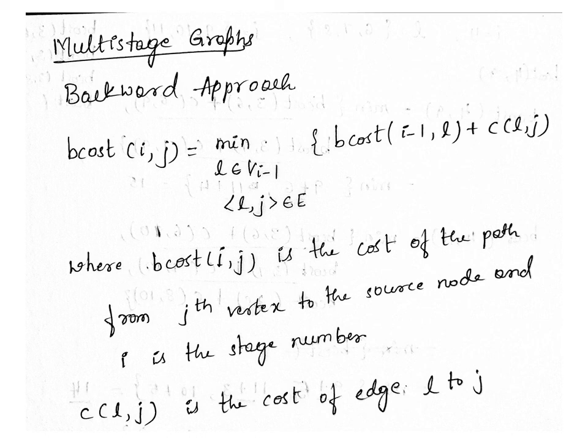Here bcost(i, j) is the cost of the path from the jth vertex to the source node, and i is the stage number. This is exactly the reverse of the forward approach. In the forward approach we consider from the sink node; here we are going to consider from the source node, and c(l, j) is the cost of edge l to j.